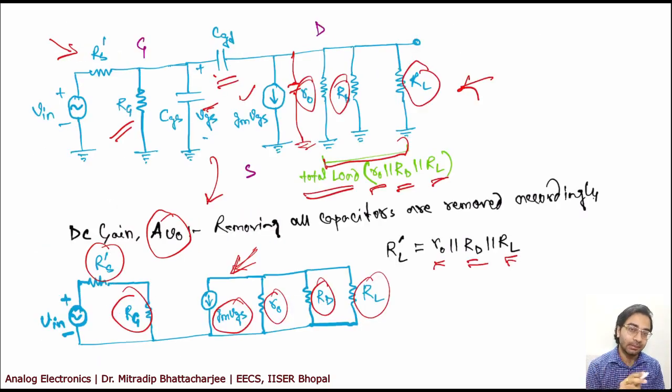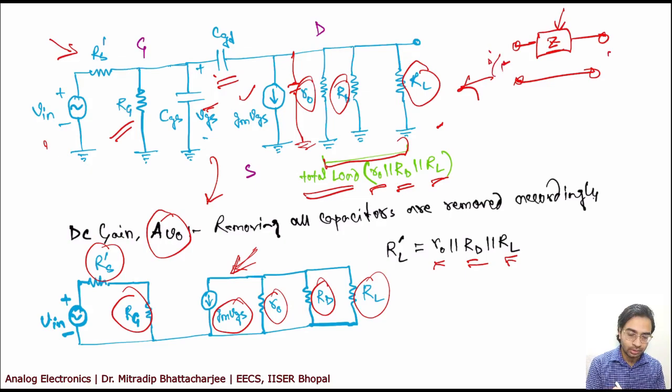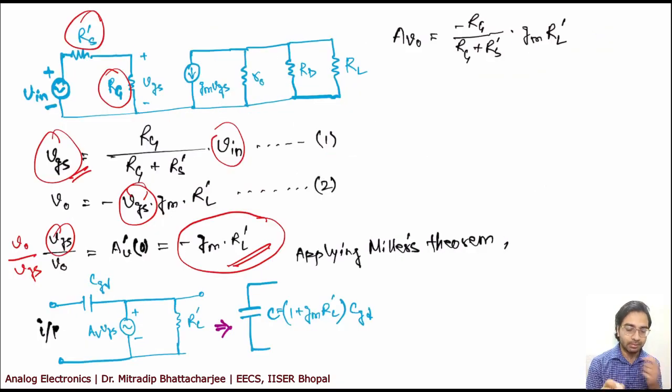Now let us consider the capacitance which is sitting in between input and output, and we are having a situation similar to this. This is your capacitance sitting between input and output, right? So you can split this capacitance into the input side and the output side applying Miller's theorem. Now what does Miller's theorem say? In the input side it will be 1 plus A into the impedance.